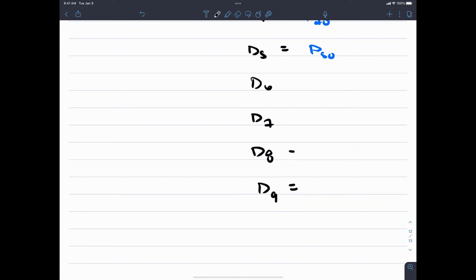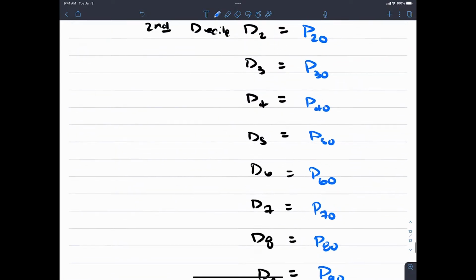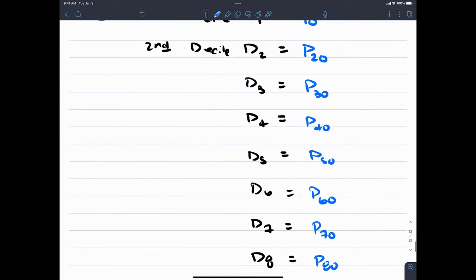There is no D10. But if you can find percentiles, then you can find deciles. How many pennies are in 9 dimes? 90. Okay? So yesterday, we worked on everything on the right.